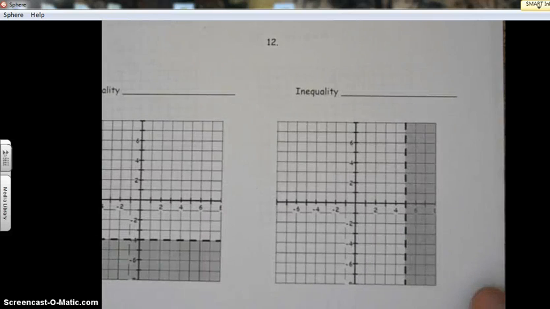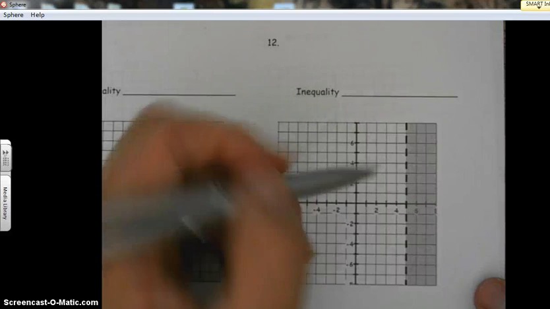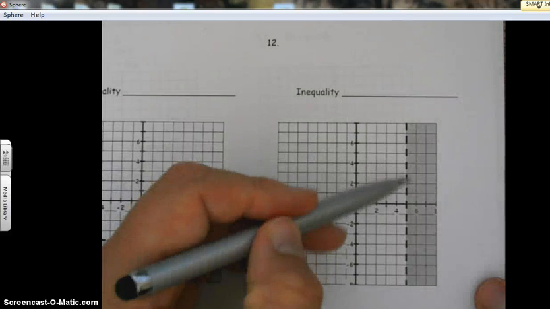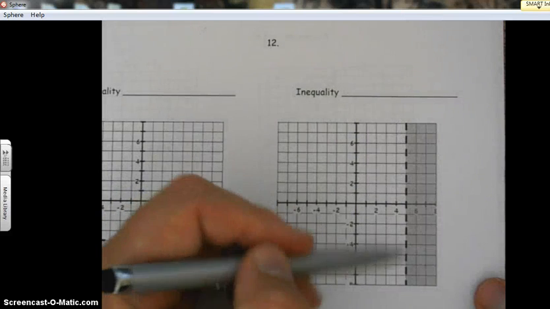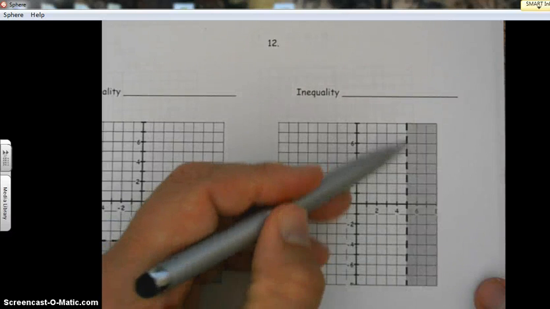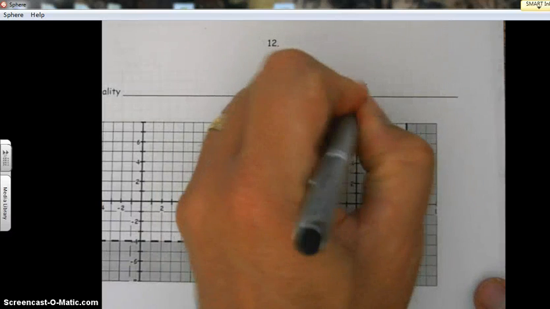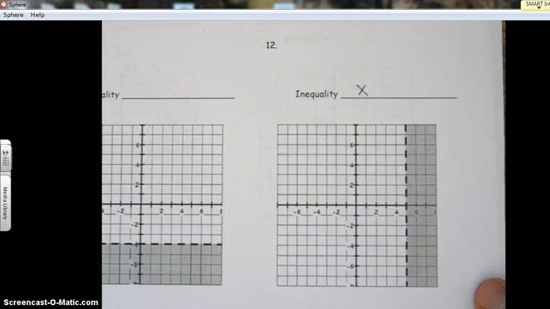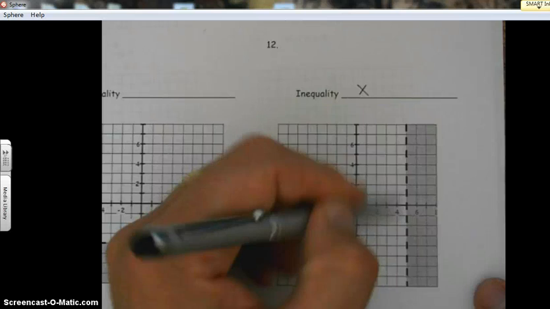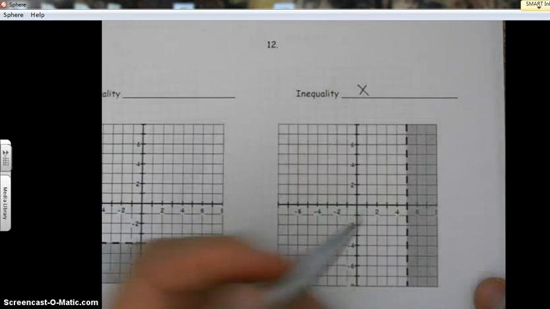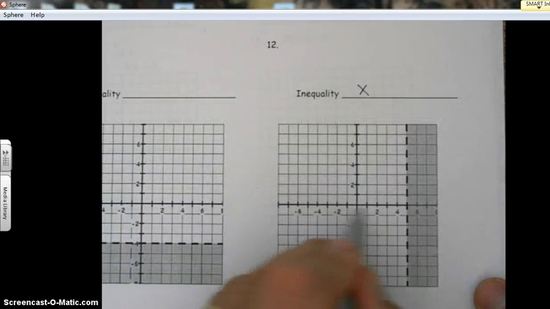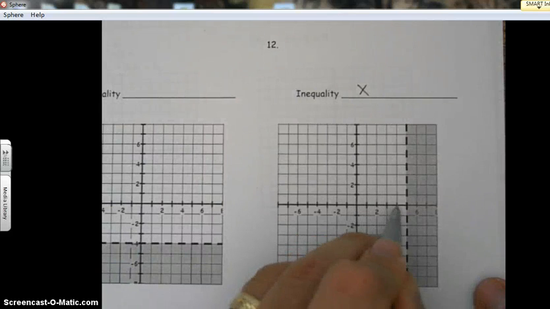12. Now, this is the oddball one because this is our vertical line. Anytime you have lines that are vertical, remember that they always start with x. That's the only time a linear equation or inequality will start with an x, is when it is vertical. Okay? So, x is equal to 1, 2, 3, 4, 5.